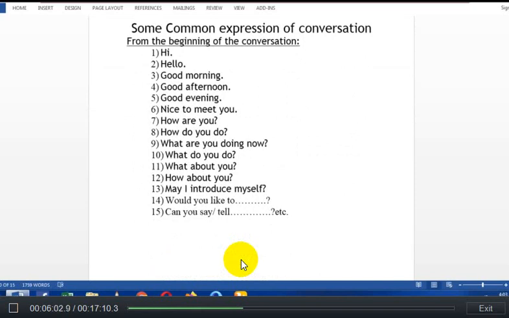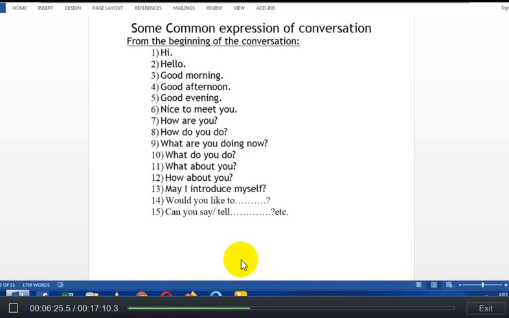From the beginning of the conversation, when we start our dialogue, we may follow or start with the following common expressions.